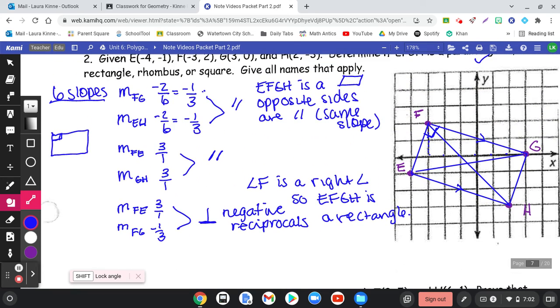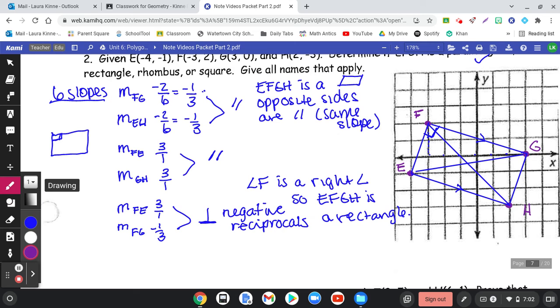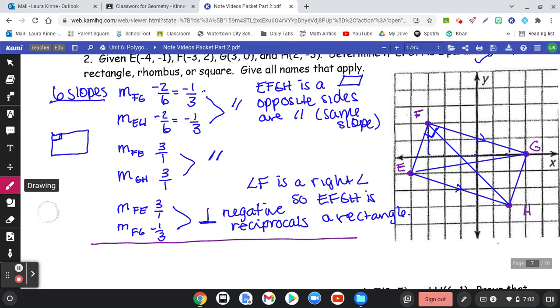All right, I'm going to switch colors on here just to keep it organized. I'm going to show the slope of FH, and we can see that we're going down 2, 3, 4, 5 over 2, 4, 5. 5 over 5, negative 5 over 5, which is the same as negative 1.